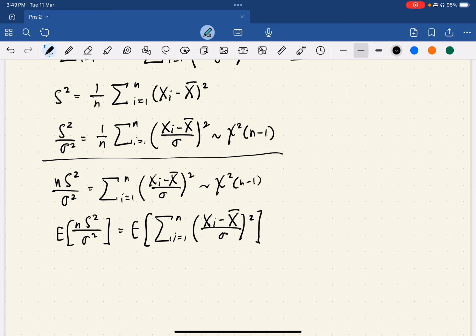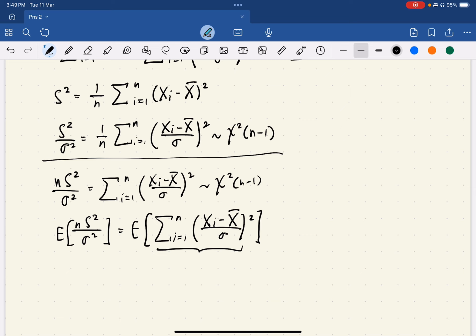Now, we can simply say that we know the left part first, but let's just see the right side here. Since this is chi-square with n minus 1 degrees of freedom, what is the expectation of a chi-square random variable with n minus 1 degrees of freedom?